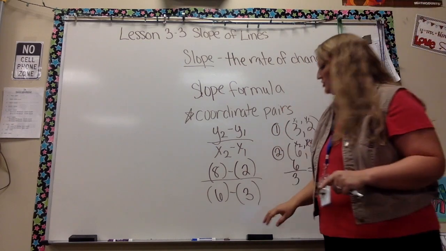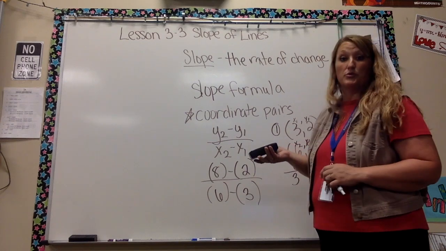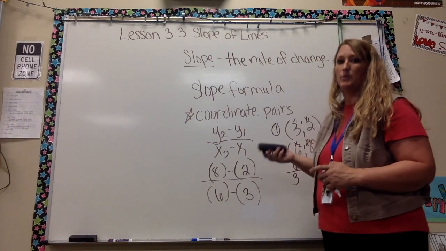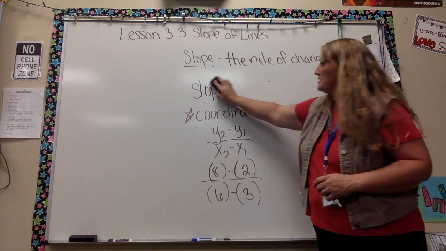Okay, so now I want you to try finding slope. You can choose which way you want to do it. It doesn't make any difference to me which way you choose, but we're going to do a few examples.